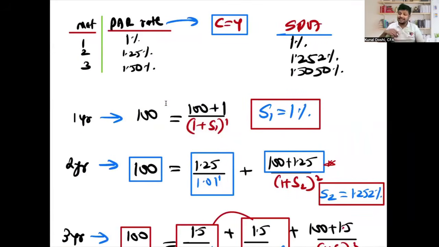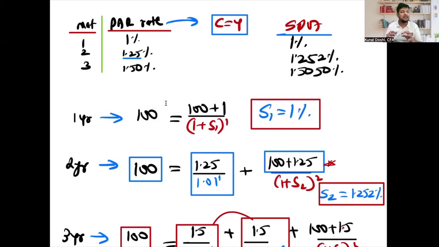But when I go to the second year par bond, I will consider this as a separate bond. So 1.25% will be the coupon in the first year. In the second year, I'll get 100 plus 1.25. I need to bring it to the present value, but the present value should always be par, correct?